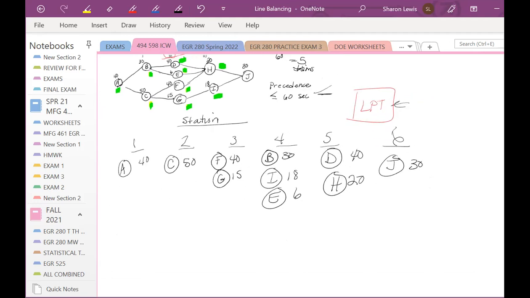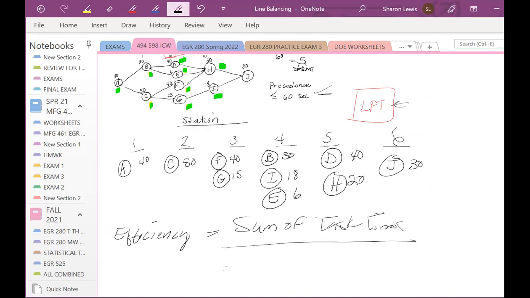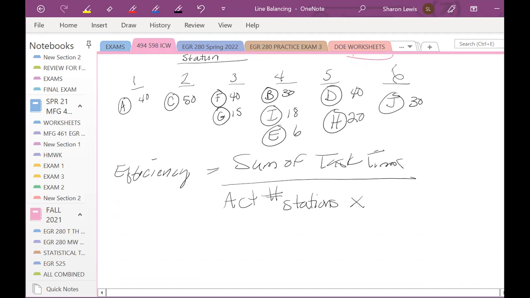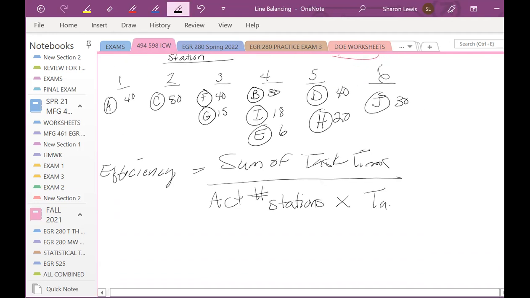So let's go ahead and calculate our efficiency. Our efficiency is going to be the sum of the task times divided by the actual, not the theoretical, the actual number of stations times task time.